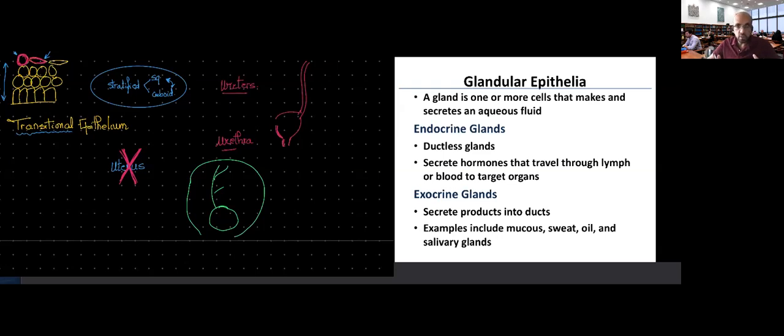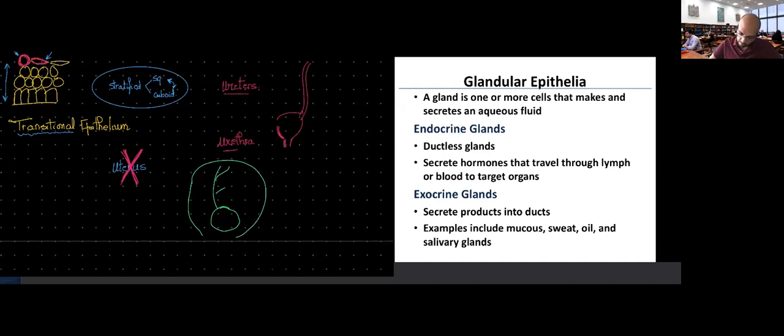So the uterus is lined with transitional epithelium, but please pay attention here that the uterus does not expand overnight. It takes 9 months for it to stretch. It doesn't stretch overnight.